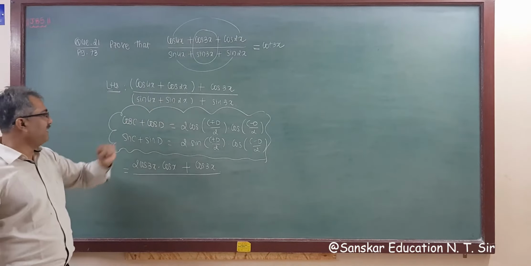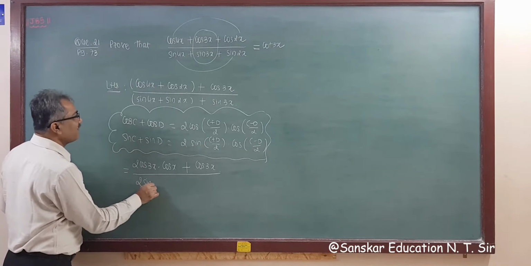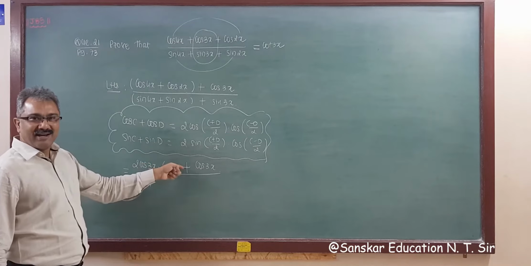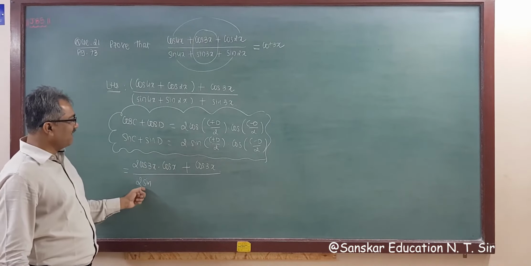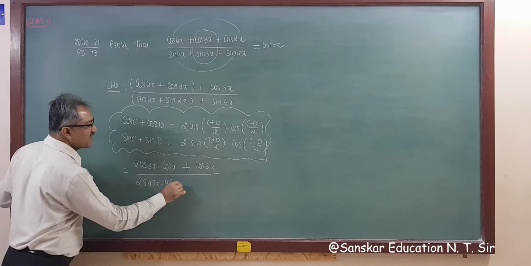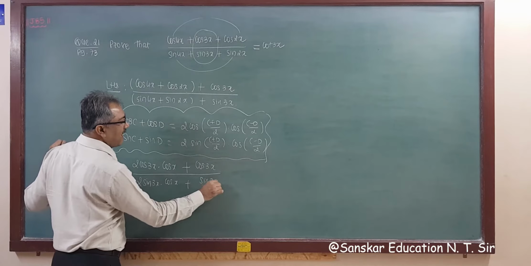Sin C plus sin D is 2 sin of (C plus D) by 2, 4x plus 2x, same answer, no need to sum or add, right? You have to apply only sin and cos. So sin x into cos x, and plus this is sin 3x.